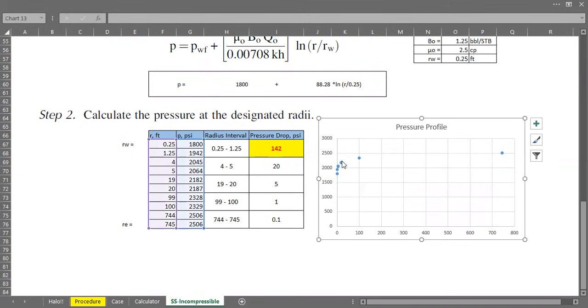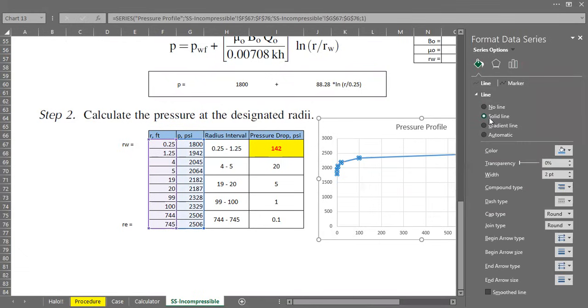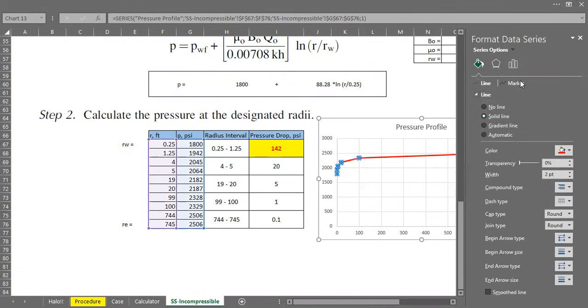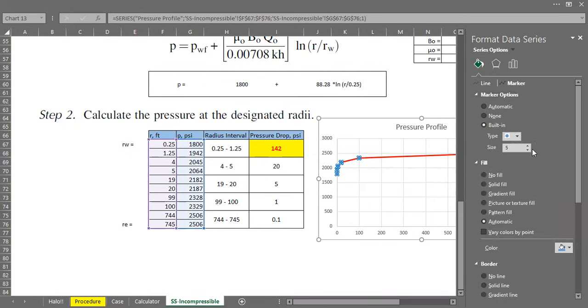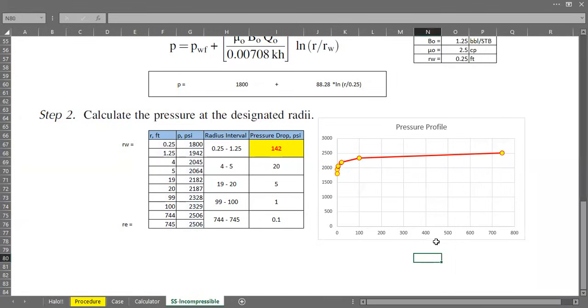So it's like this. And I want to make line, format data series, solid line, I will make the fill maybe yellow, the border red. Okay, so this is our plot.